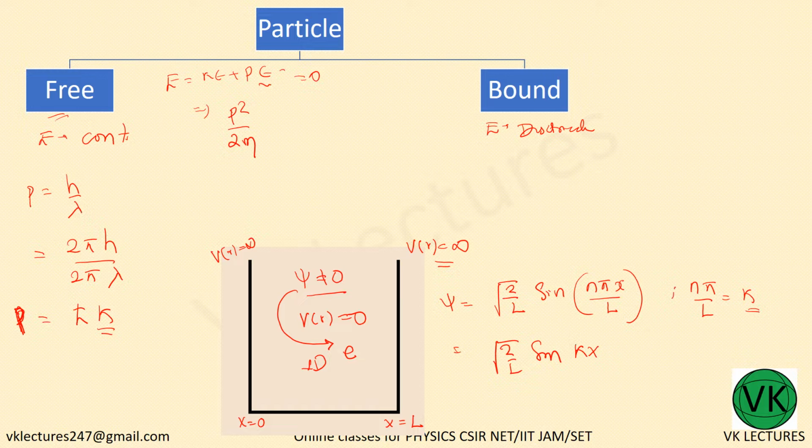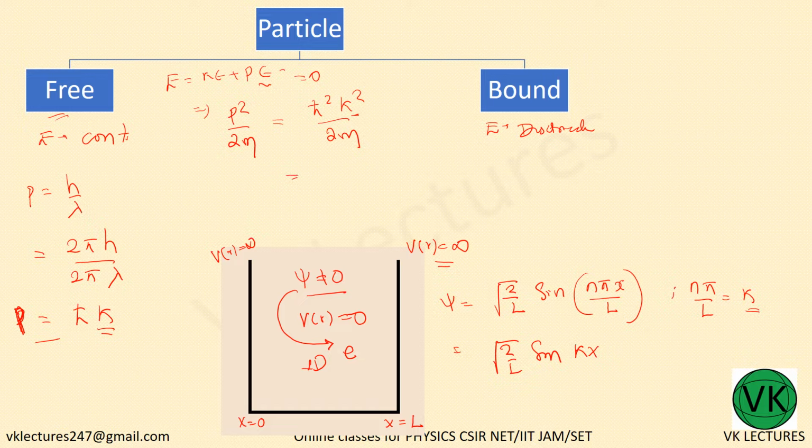Now just substitute the value of p equal to h cross k here. So that is equal to h cross square k square divided by 2m. Now what is k in terms of the length of the box?